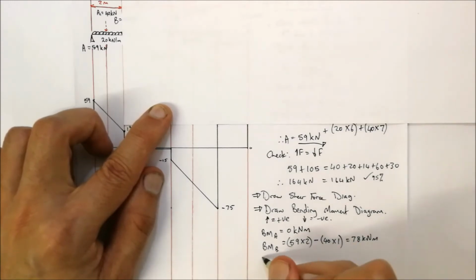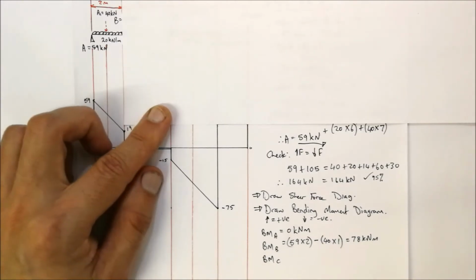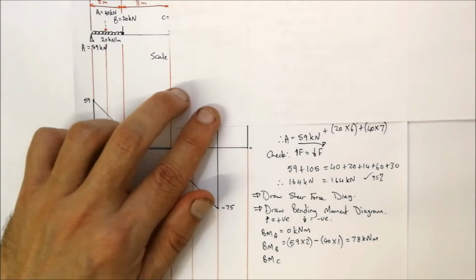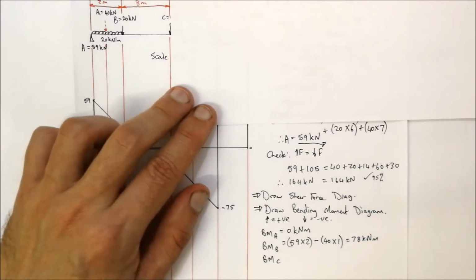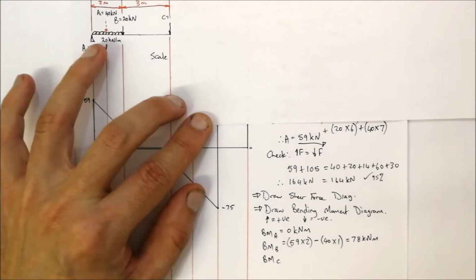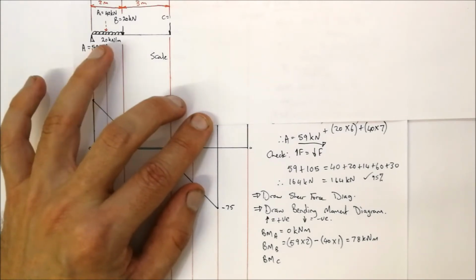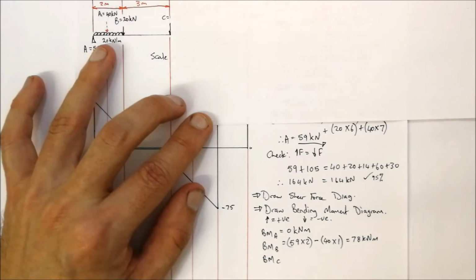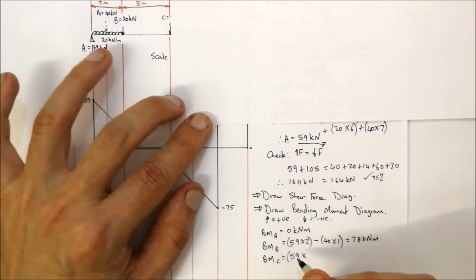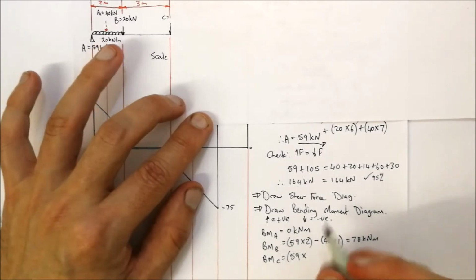Okay, bending moments for C. Alright, so go across, and we're going to be looking at C over there. Looking to the left, we've got A, which is 59, multiplied by the distance from C to A. Well, that's 3 plus 2 meters, that's 5 meters.